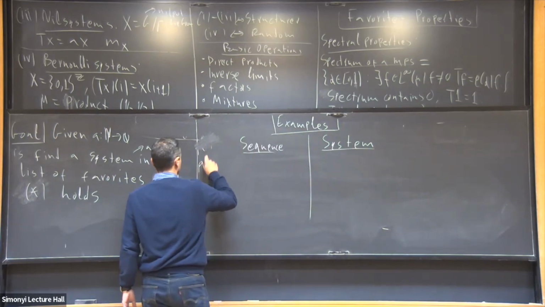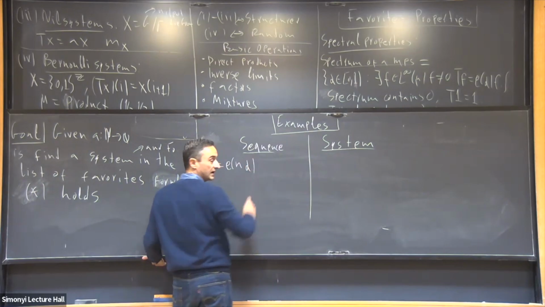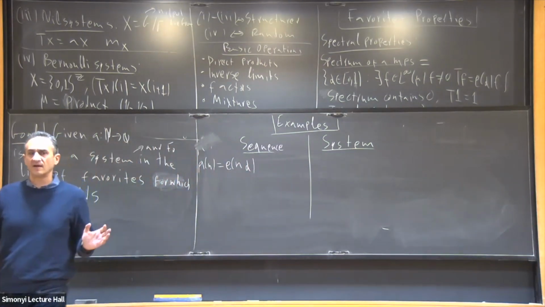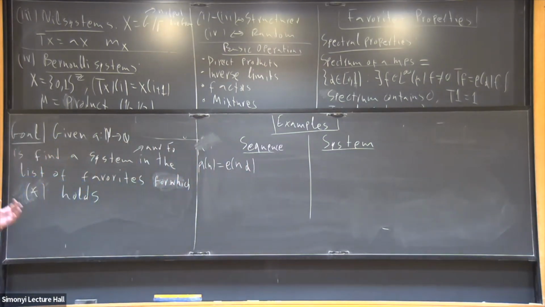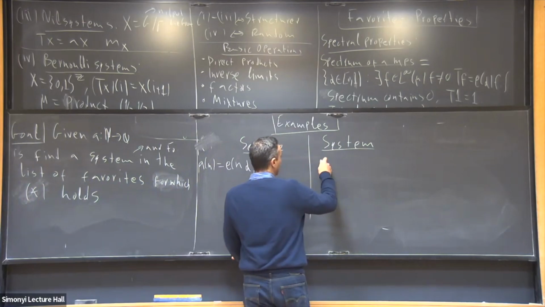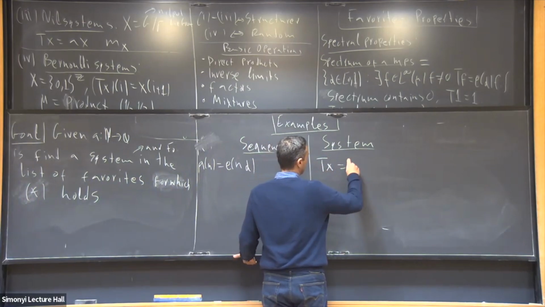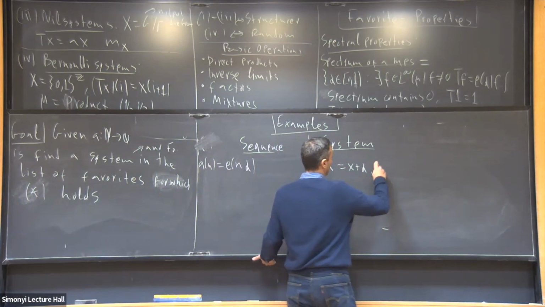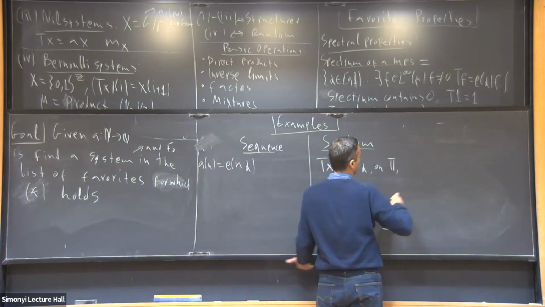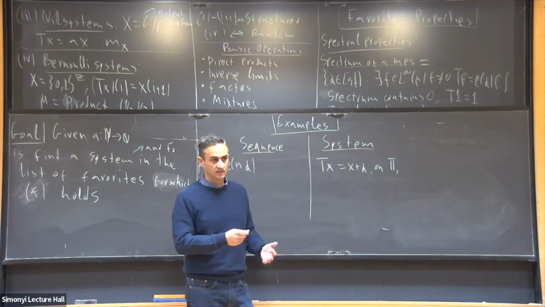The first one is e to the n alpha. Or if you want n alpha mod 1 is the same thing. Fractional part of n alpha, these are the same sequences. Rational or irrational doesn't matter. So the system here is Tx on T, and with a function, I have to give you the function also, okay?